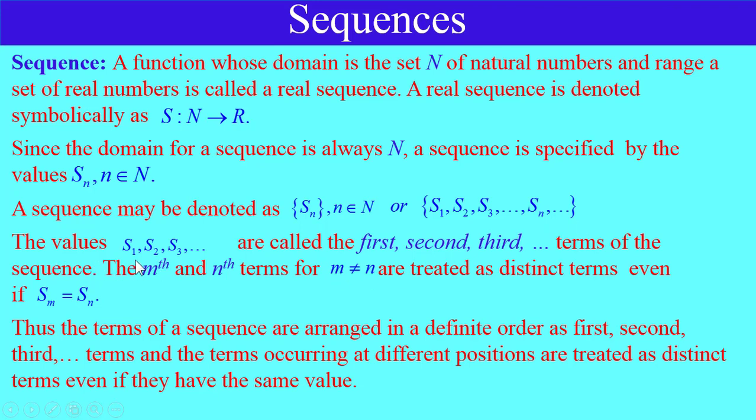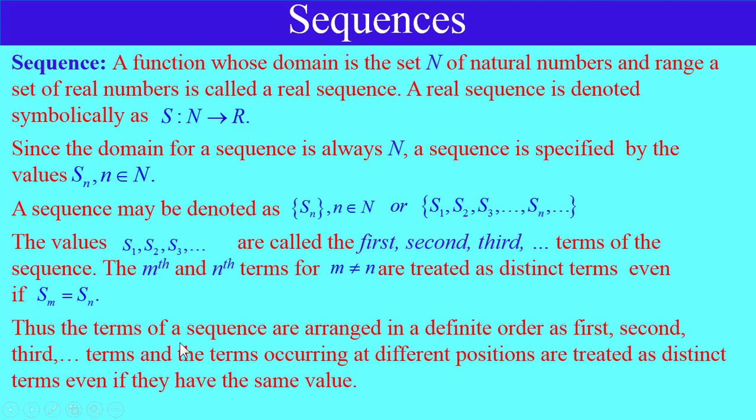The values S1, S2, S3 are called the first, second, third terms of the sequence. The mth and nth terms for m not equal to n are treated as distinct even if Sm is equal to Sn.